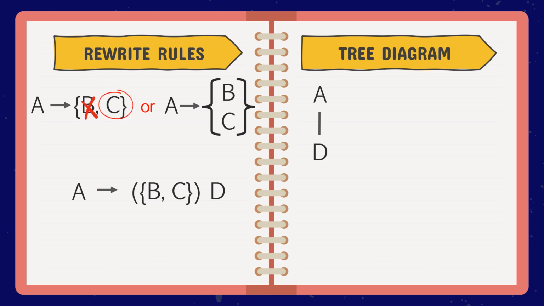We can also have A is expanded as B and D, because again, we have to choose between B and C. So we can have optional B and we have obligatory D.